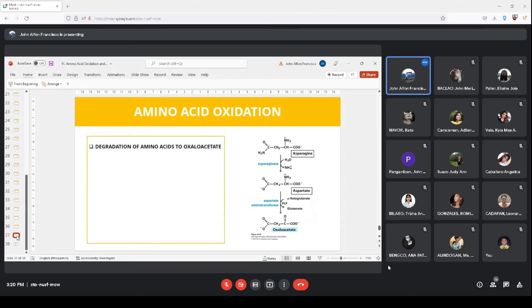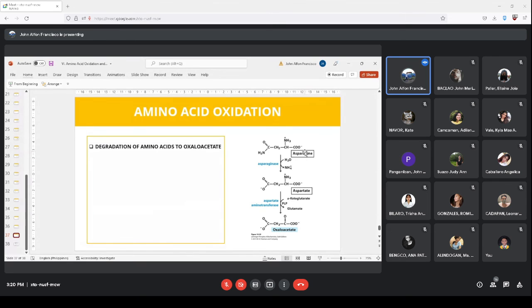Okay? I think this is the last example of degradation of amino acids to oxaloacetate. So there are just two of them, asparagine and aspartate.